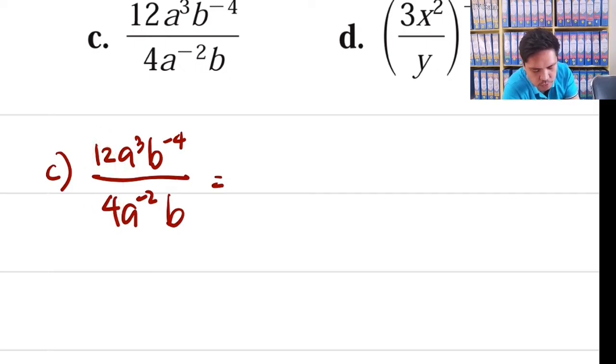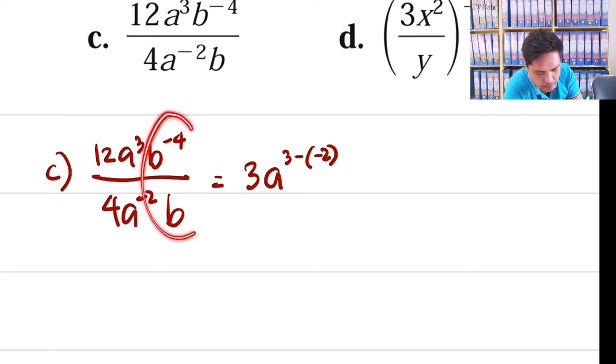12 over 4 is 3. Tapos ito. So, how do we evaluate a raised to m over a raised to n? We subtract the exponent. So that is a raised to 3 minus the exponent sa ilalim, negative 2 minus negative 2. Okay? Times, how about this?